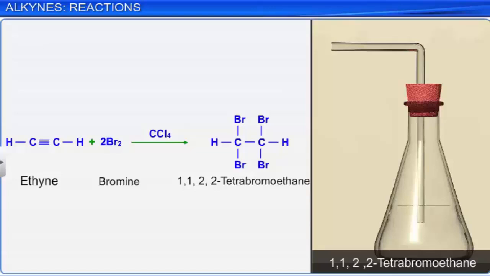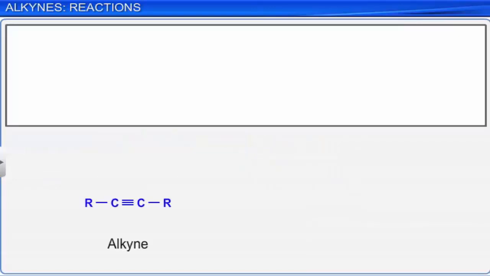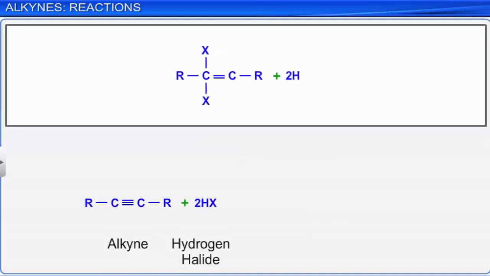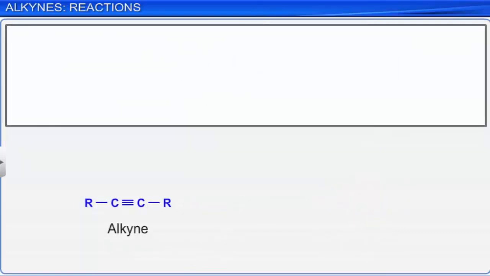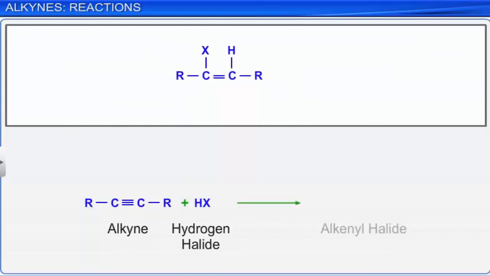Alkyne, when treated with 2 molecules of hydrogen halide, forms gem-dihaloalkane. On the other hand, when treated with 1 molecule of hydrogen halide, it forms alkenyl halide. Addition in unsymmetrical alkynes takes place in accordance with Markovnikov's rule.